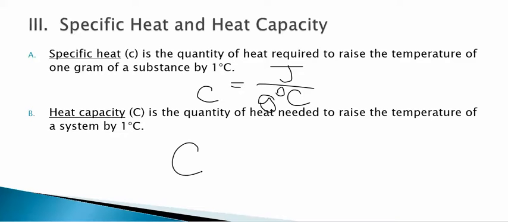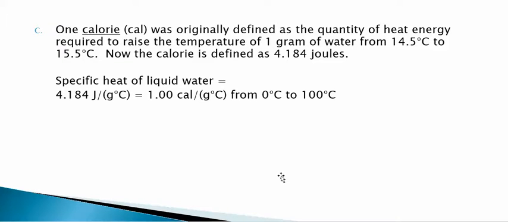So heat capacity, capital C, the units for heat capacity are joules over degree Celsius. Specific heat of water is 4.184 joules per gram degree Celsius anywhere in the range from 0 to 100 degrees Celsius.